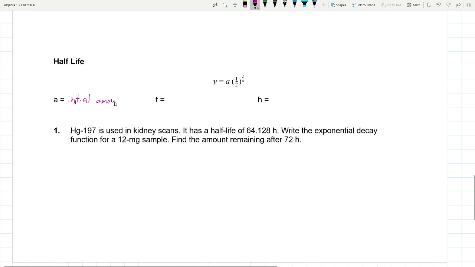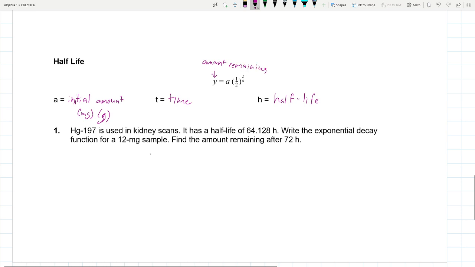A lot of times this is going to be in milligrams or grams. T is time, which is how long. And H is the half-life, which is something you pretty much need to be given unless you're specifically solving for the half-life. And what this results in is y, the amount that I have remaining.